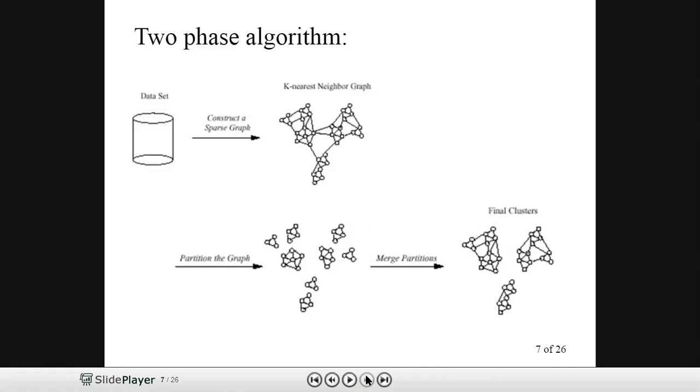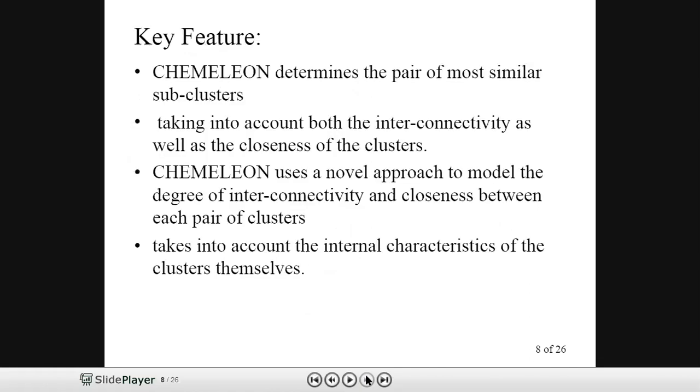In this way, the original graph created by the k nearest neighbor technique gets partitioned into smaller subclusters. Then in the second phase, in merge partitions, these subclusters are merged to form a larger cluster, considering two parameters: the relative interconnectivity and relative closeness. I shall discuss these two parameters in detail in the next slides.